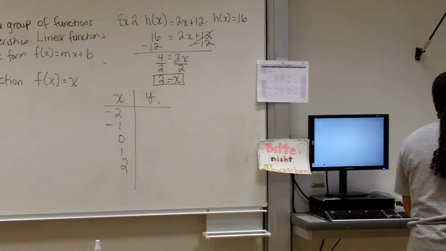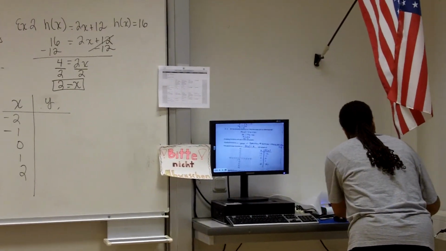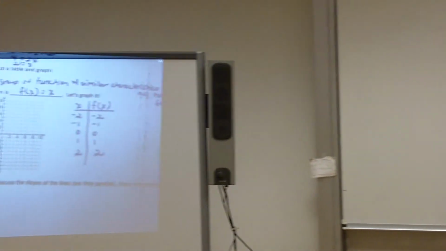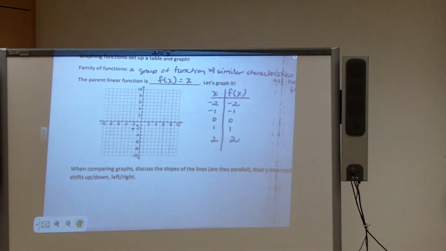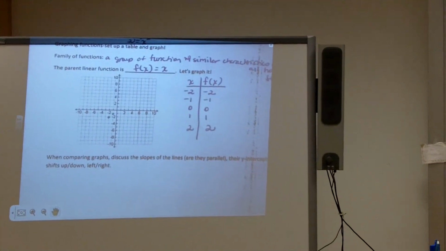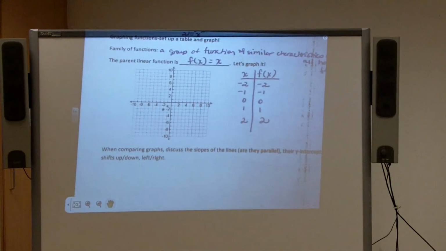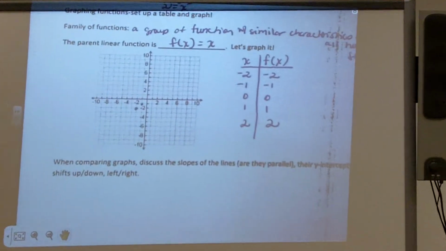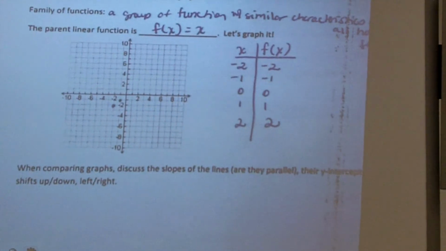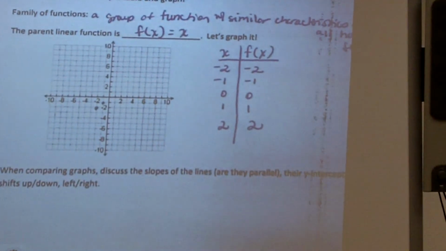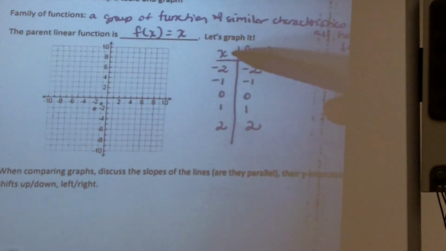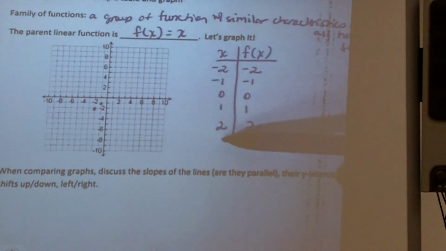So on your paper, I'm asking you to graph the parent linear function. You should have, just like I have, f of x equals x. That's what the parent linear function is. If we want to graph it, I have to set up a table first. So here is my table with my default domain.